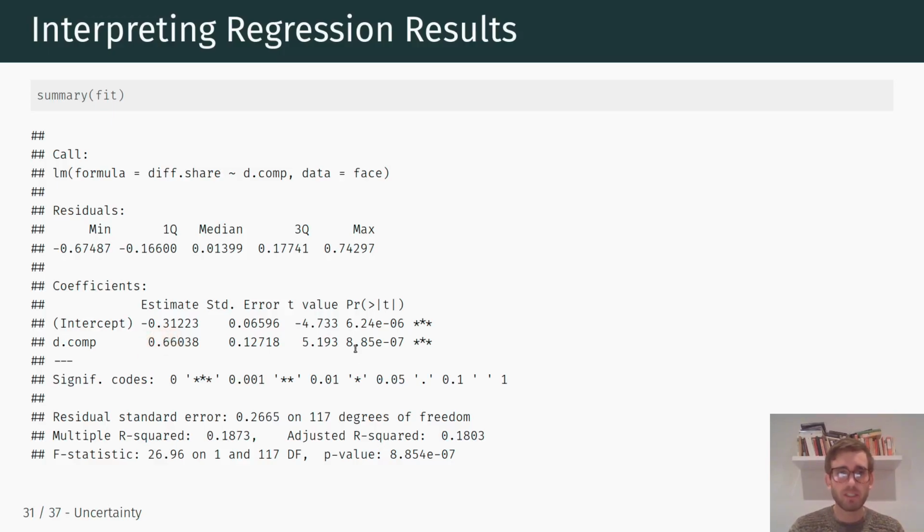The probability is smaller than 0.001. In other words, we would reject the null hypothesis that that slope coefficient is equal to 0 at the 0.001 significance level. Okay, so this is the information that is directly provided by the summary command. Again, always testing against the null hypothesis that each of these parameters is equal to 0 in the population. Okay.